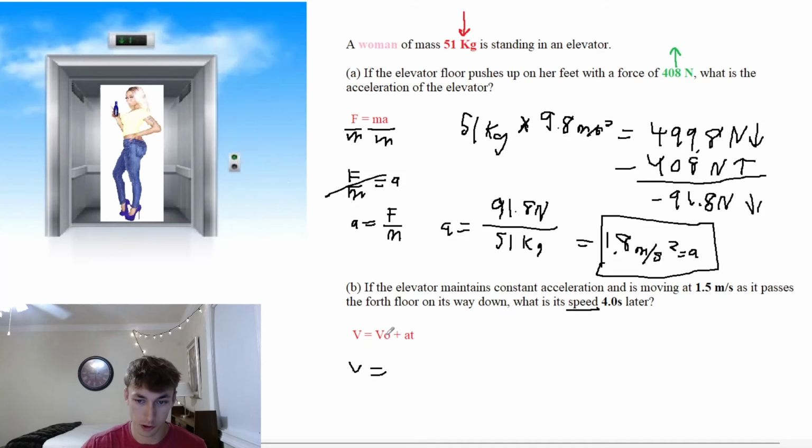Velocity equals the initial velocity, which is 1.5 meters per second, no squared.